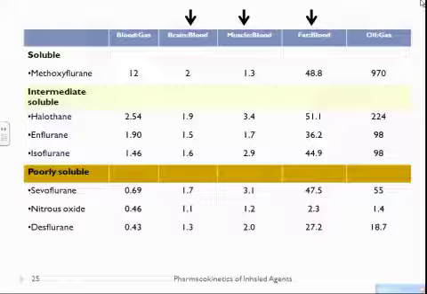If you're looking at the blood-muscle partition coefficient or the muscle-blood partition coefficient, the higher the number, the higher the muscle relaxation that medication will have. So if you look at halothane, halothane has one of the highest numbers, which is around 3.4. And halothane, when you use it clinically, is actually very potent, and it causes extensive muscle relaxation on these individuals.